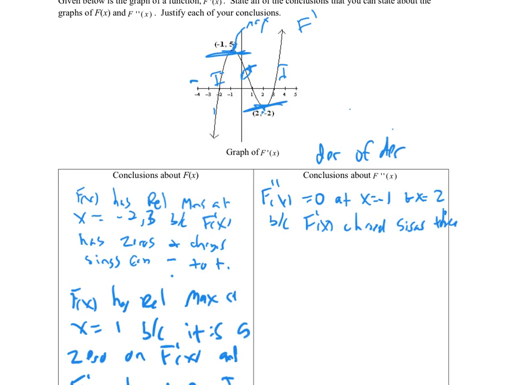Concavity changed? Yeah. Let me talk about concavity. No, well, now concavity is with the first derivative. All I'm talking about is relative max. I mean, x equals 0. Those are intercepts.